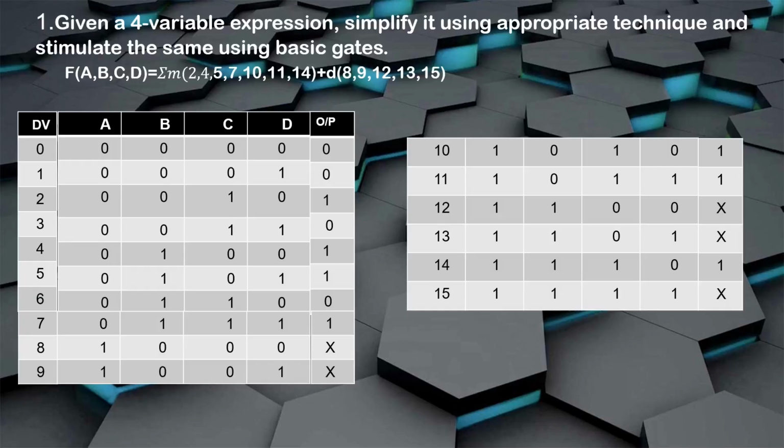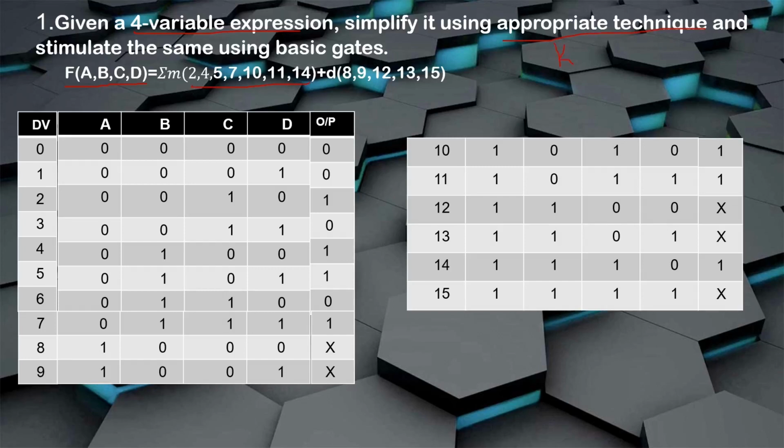Next, the first question is give a 4 variable expression, simplify it using appropriate technique, and simulate the same using basic gates. They have given a 4 variable expression f of a, b, c, d, sigma, m, and these are the positions of a K-map, and we have to simplify it using appropriate technique.